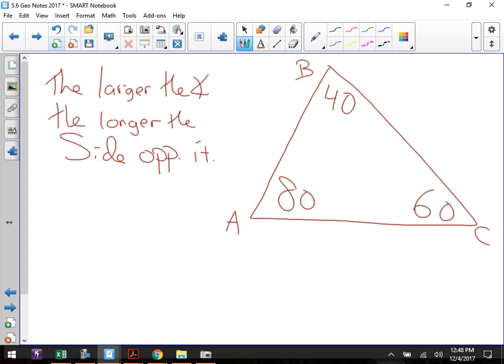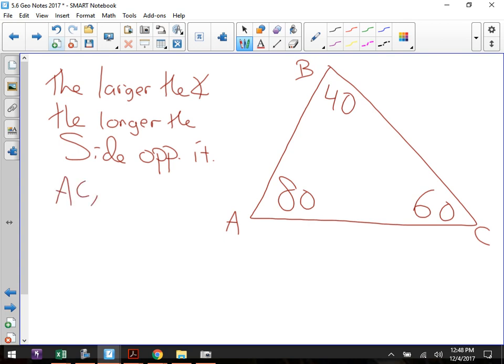Going up. Okay, so if I wanted to put these side lengths in ascending order, that means am I starting with the biggest or the smallest? The smallest. So which one's got to be the smallest side length? Well, angle B is the smallest, which means the side length is AC. So the smallest side length would be AC.